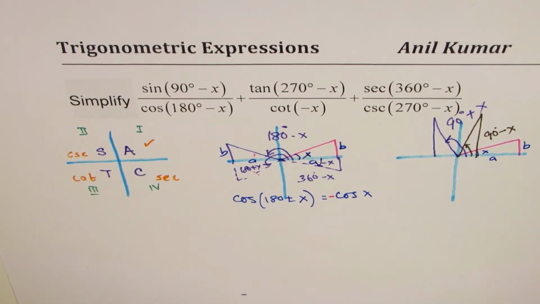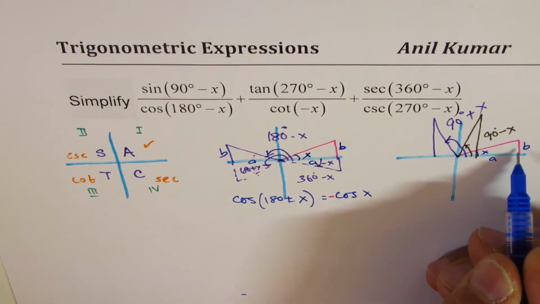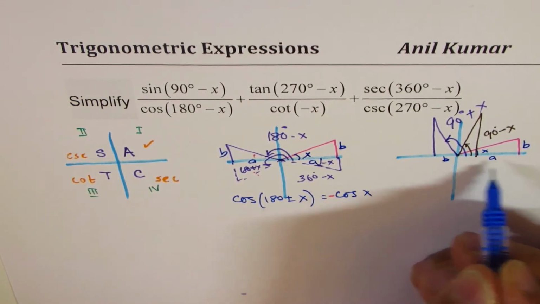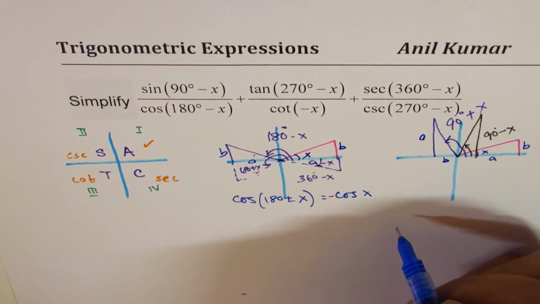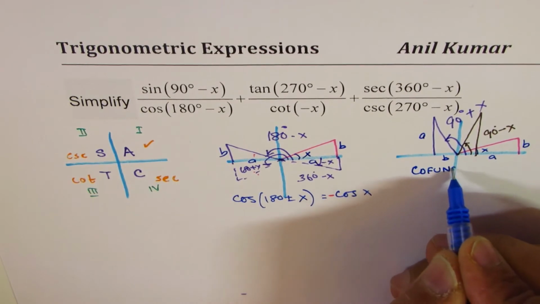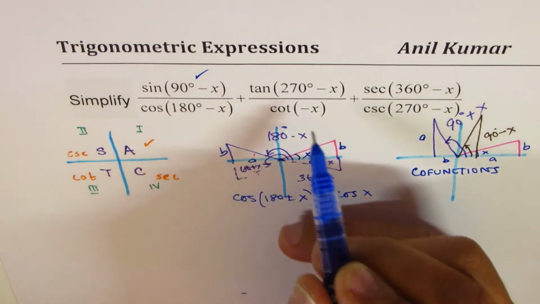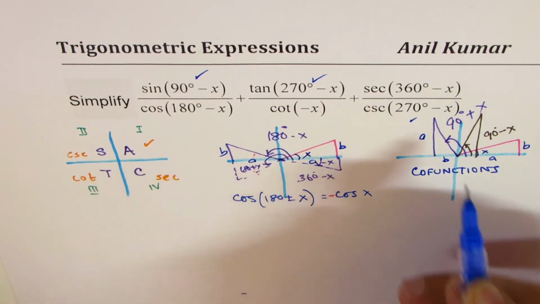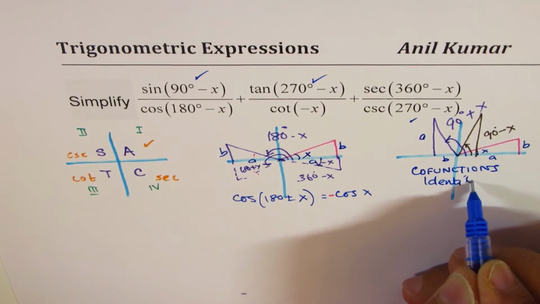What do you notice? Now in both these cases, B, which is the smaller side, comes to the base and the longer side becomes the opposite side. So here we see co-functions. And therefore, whenever such identities are involved, we call them co-function identity.